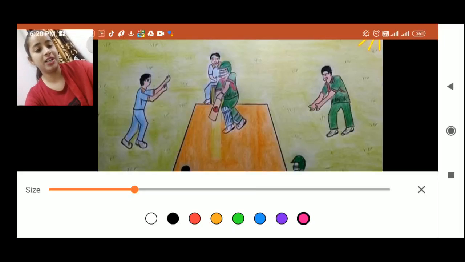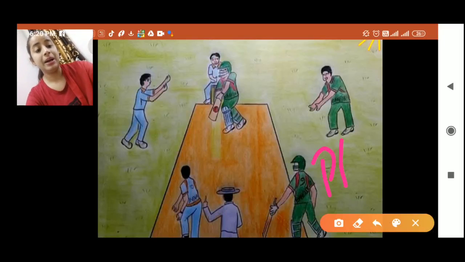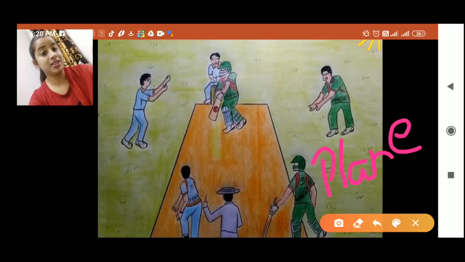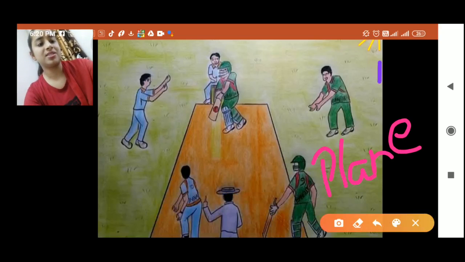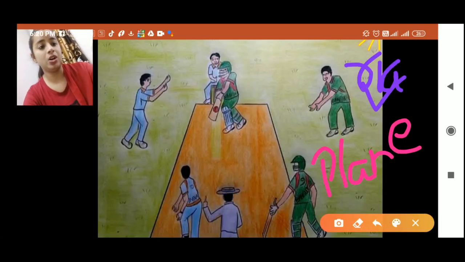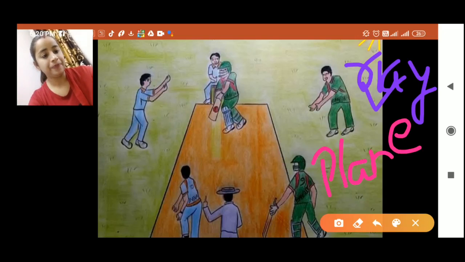This drawing sheet is actually a plane, and the other is your turn now to tell me. The first one, the sound rays, is actually a ray.